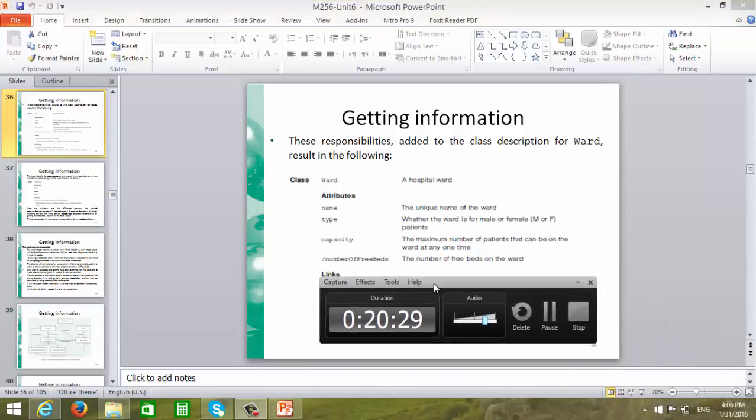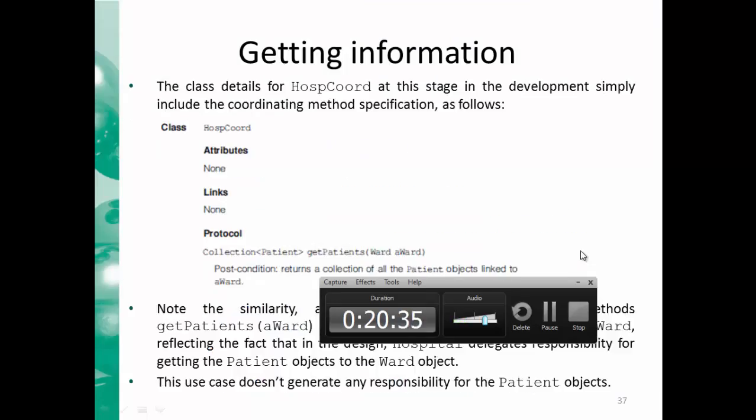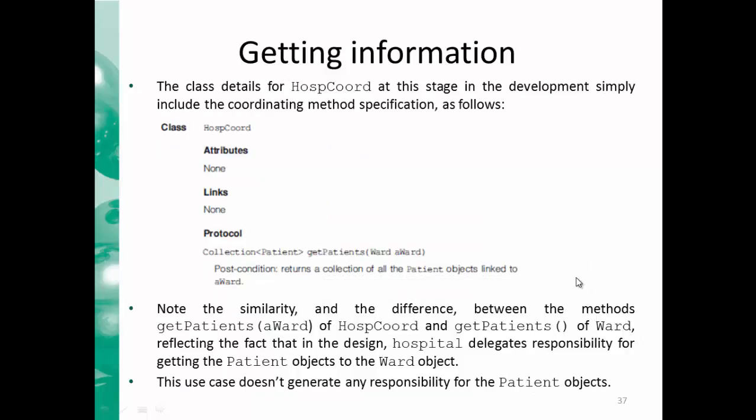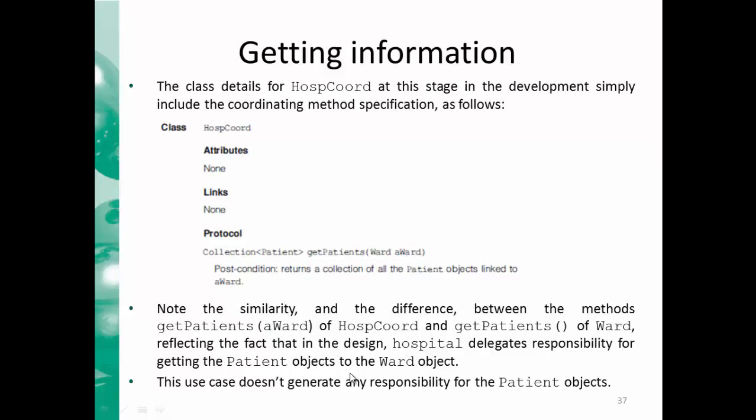Now we'll have a look at the structural model after updating the structural model. We will see that new links have been added and new protocols have been added, and you find that we have a link which is a collection of patients that we need to use as a return data type for the method getPatients.